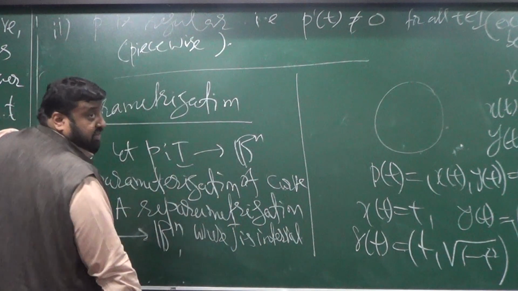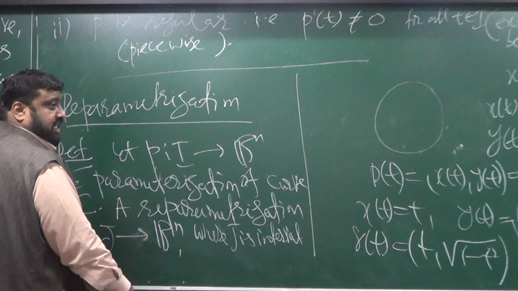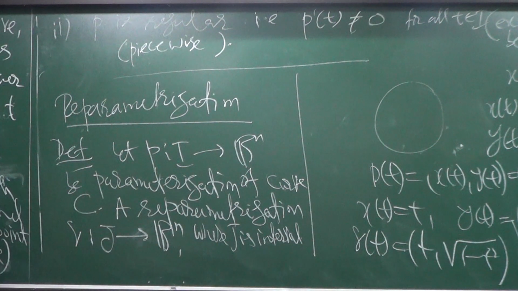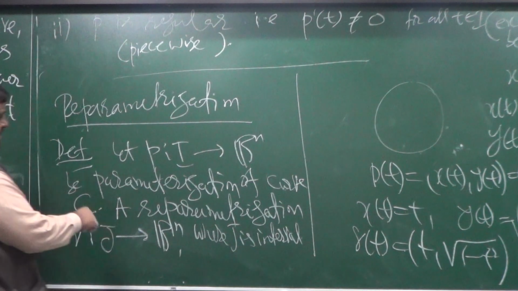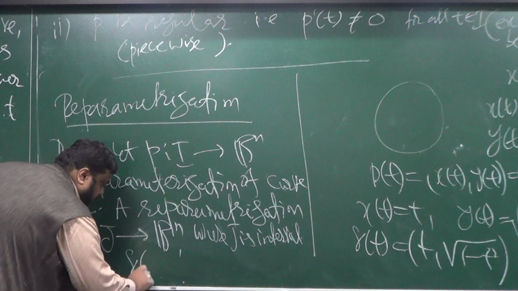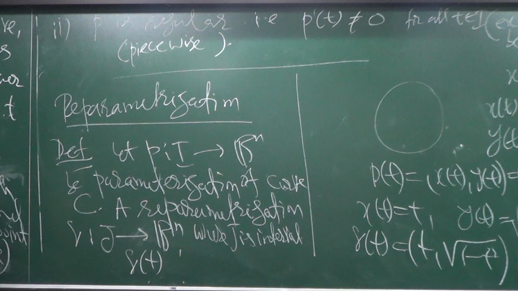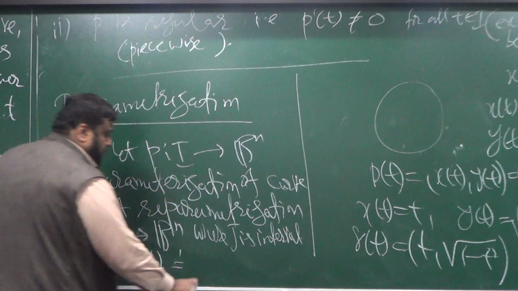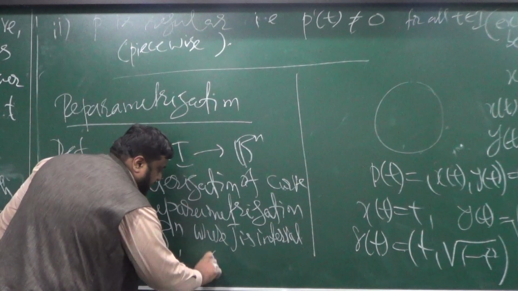An interval which satisfies this sense, so it must be open, along with all the properties that it must have. So a reparameterization Q of the curve in Rn is something like that. So if you want to obtain Q of t, you want to reparameterize the curve, what you need to do is map a phi.